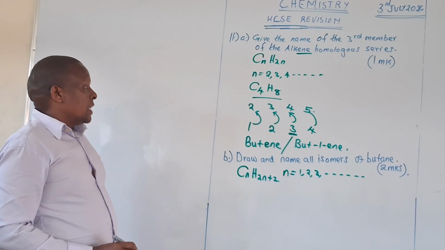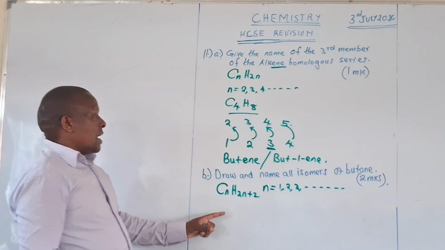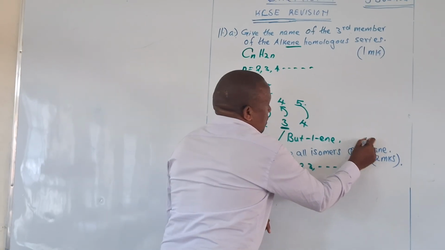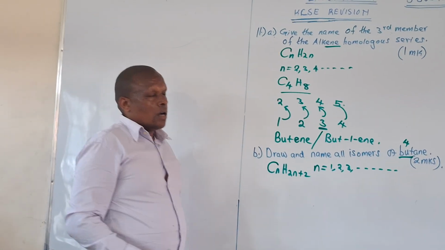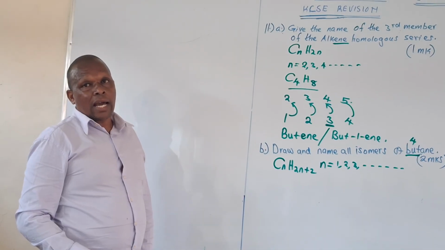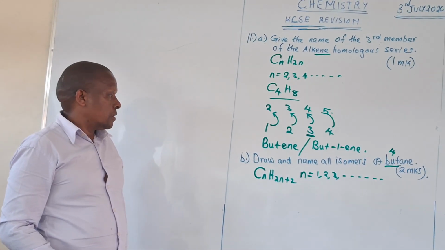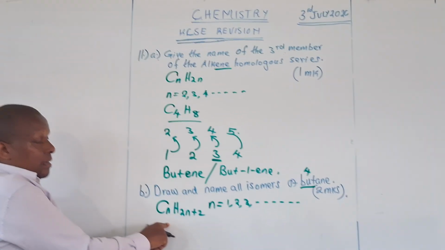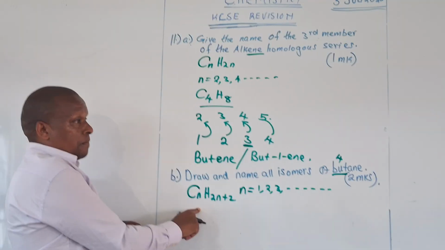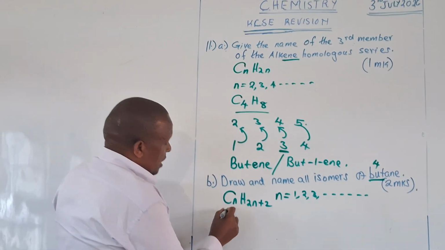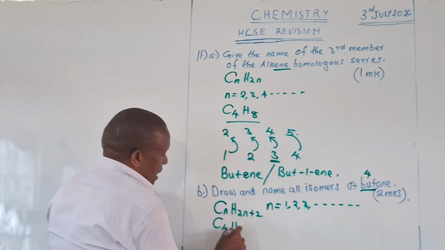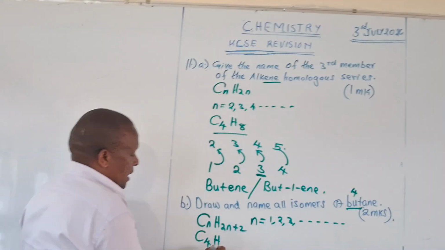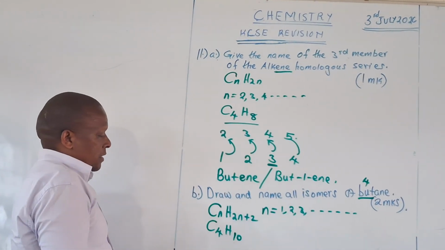We are looking at an alkane with the prefix but, which is the prefix for 4. Butane is an alkane with 4 carbon atoms. So if n is 4, we substitute to get the molecular formula: C4H, 2 times 4 is 8, plus 2 is 10. So the formula is C4H10.